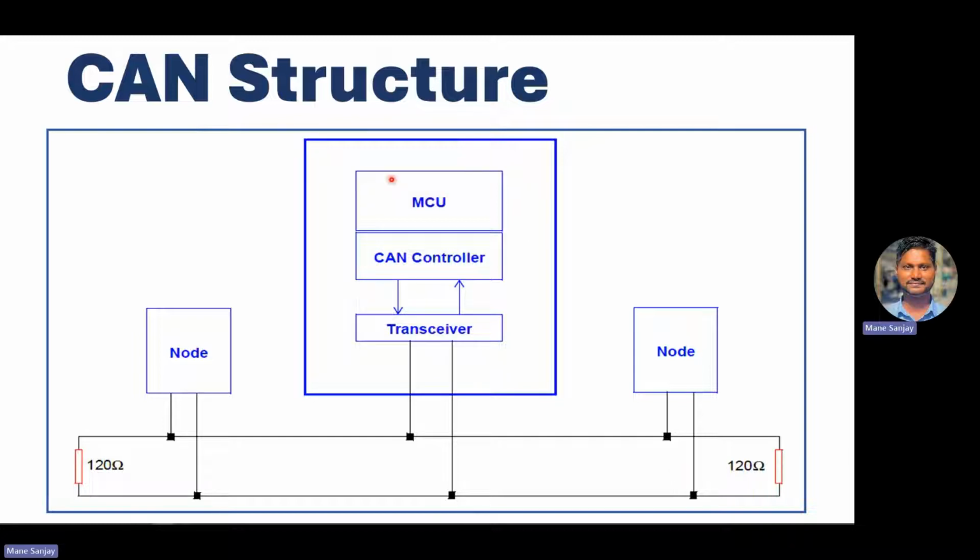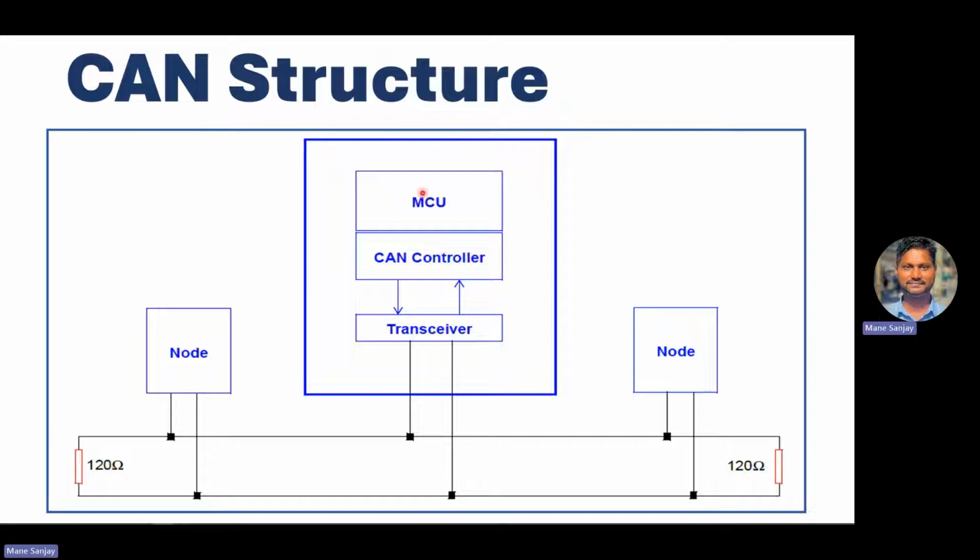Inside the node, there is a microcontroller, then the CAN controller, and the CAN transceiver. Here, your application code resides. Many of the microcontrollers have system-on-chip CAN controllers, and some have a standalone CAN controller on the PCB or the ECU.